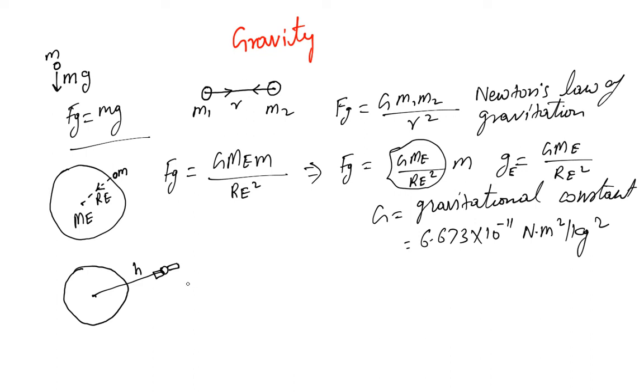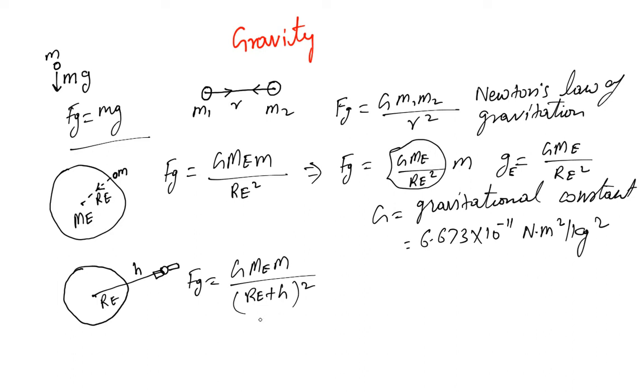Then this satellite is going to experience a force of gravity given as G me m over (re plus h) squared. Okay, so here you see gravity has gone down because there's an additional h, where we know that r is the distance between the bodies, and the distance between the bodies is re, where re is the radius of the Earth, plus h.